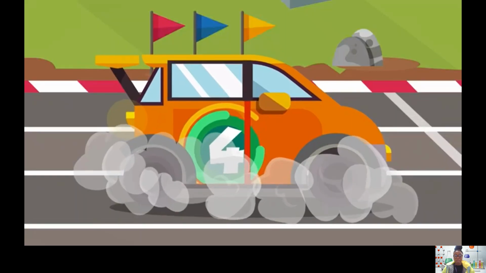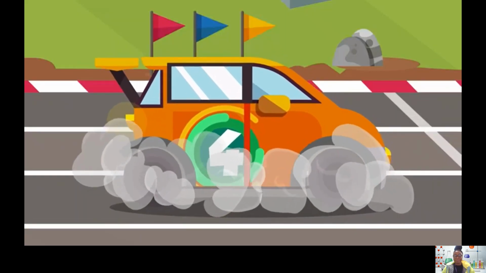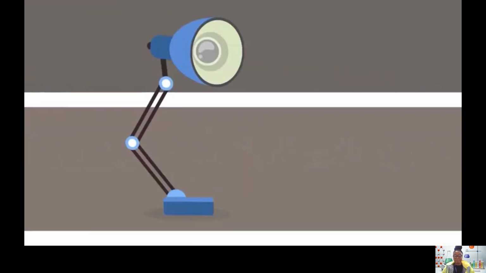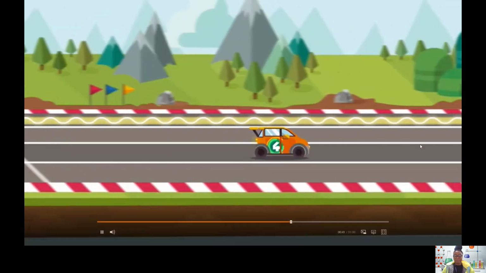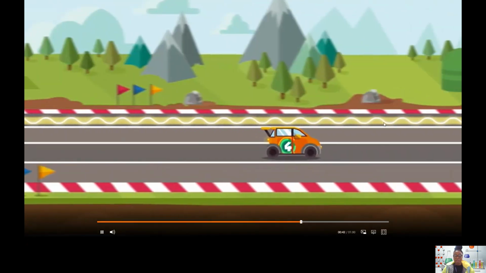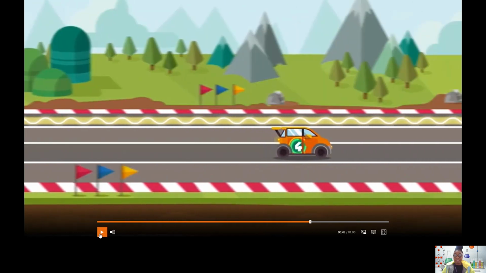Lots of different light sources. You can see how fast light sources travel. Light is one of the fastest traveling forms of energy.